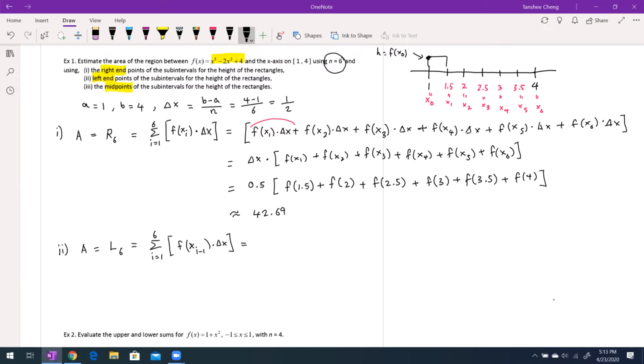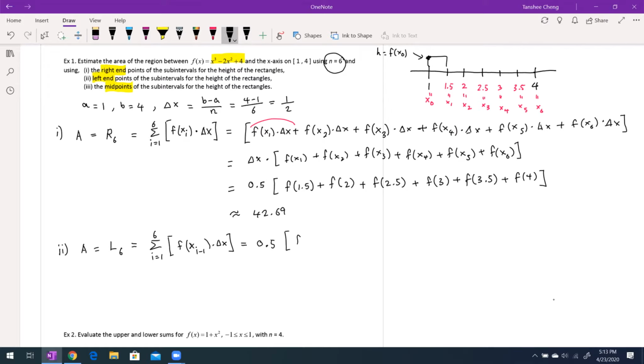Now I'm going to skip all of these steps, hoping that we understood what's going on. What did I do step by step? We will write down the numbers right away. We know that the delta x for each term that we are adding is the same, each rectangle has the same width. So when we talk about summations, we can factor out delta x, which is 0.5.